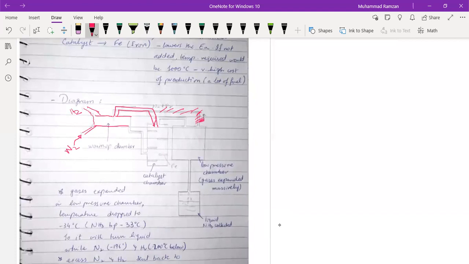Then it goes into the low pressure chamber.